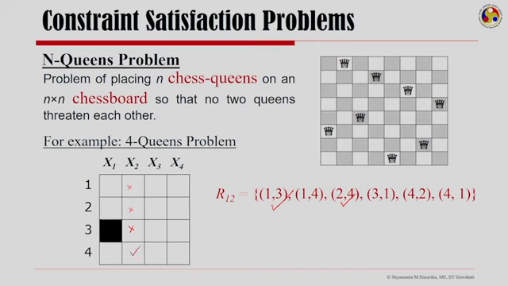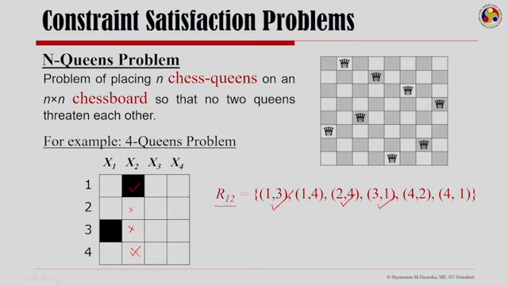We could then think of going for the third one, in which case this also is not possible. The only possibility in the third case is having a queen there, and therefore, we would explicitly include 3, 1 to be there in the set of R, 1, 2.